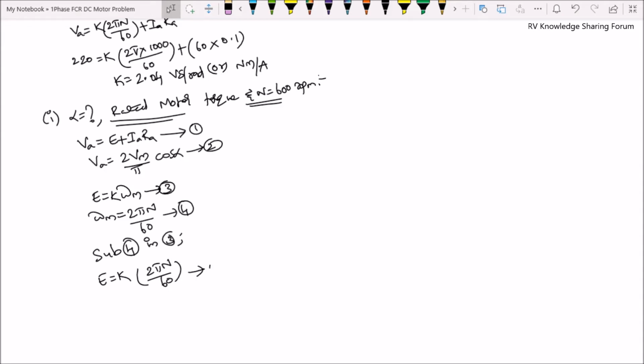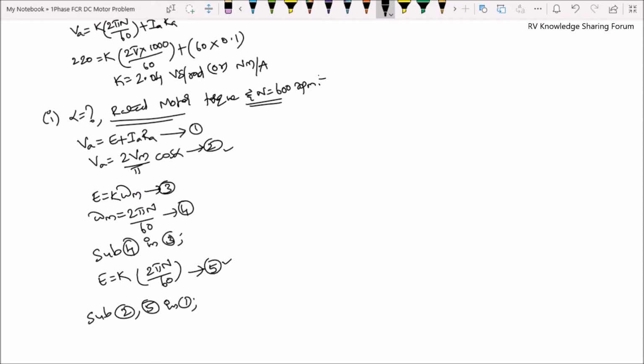Let this be equation 5. Now we substitute equation 2 and equation 5 in equation 1.